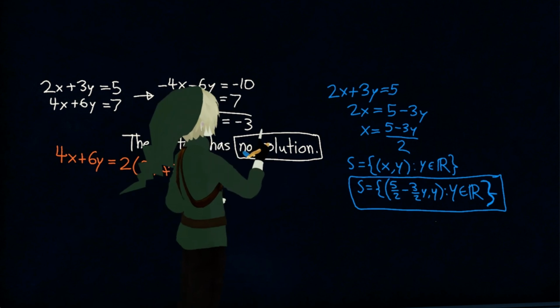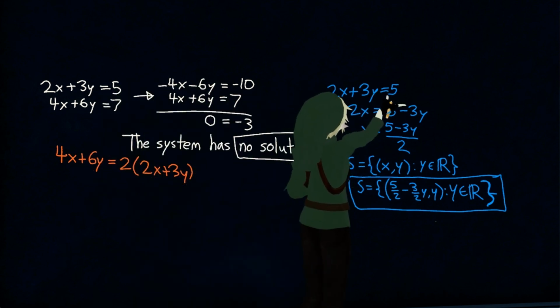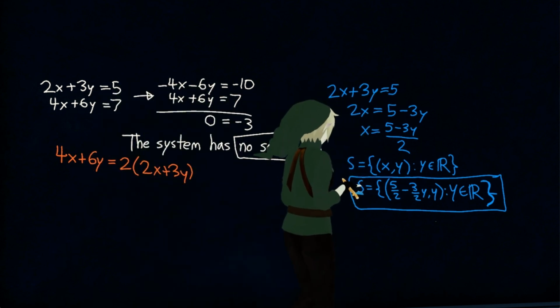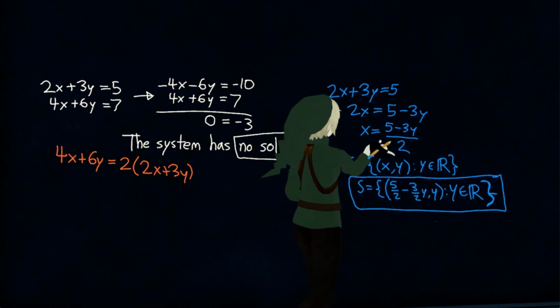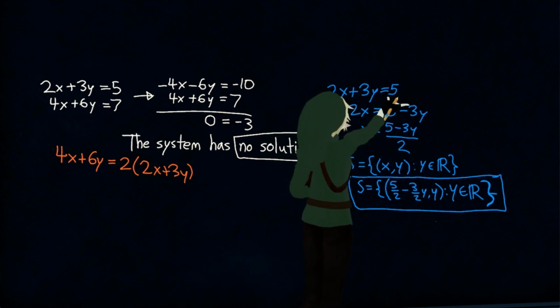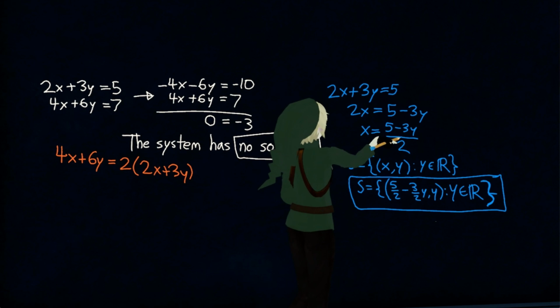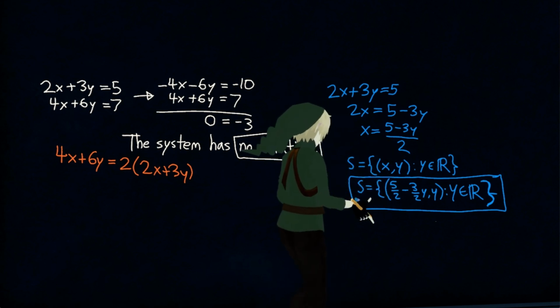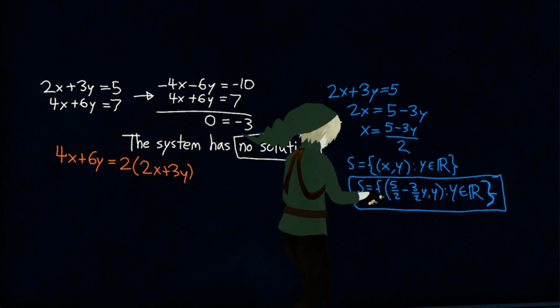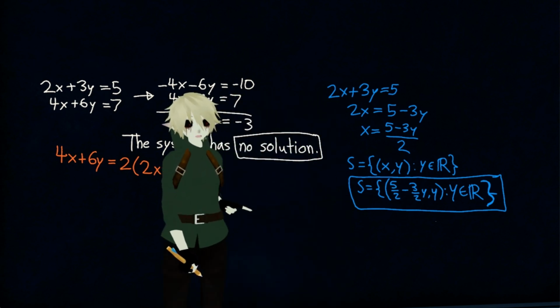So we just end up with this, and because we only have one equation for two variables, we end up with infinite solutions.